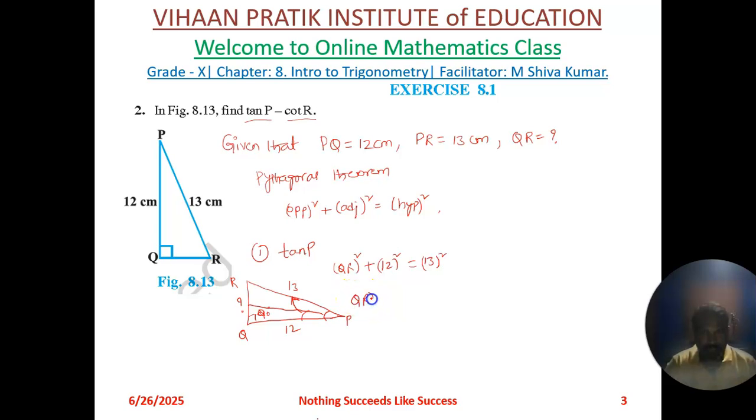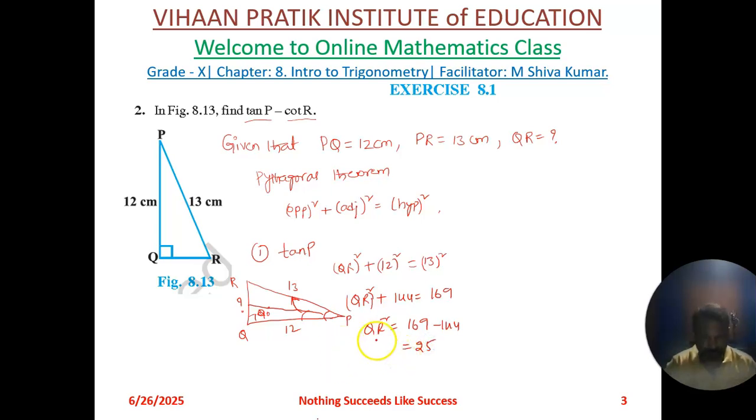QR square plus 12 square is 144, 13 square is 169. So QR square equals 169. We subtract 144 on both sides. On the LHS, minus 144 plus 144 cancels. On the RHS, 169 minus 144 equals 25.